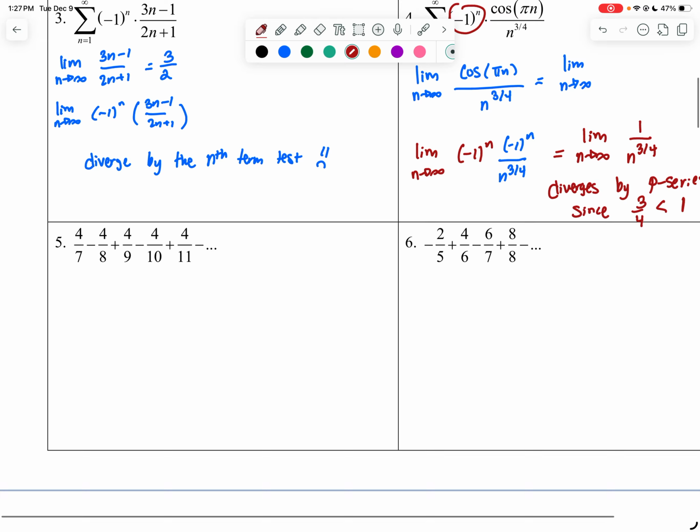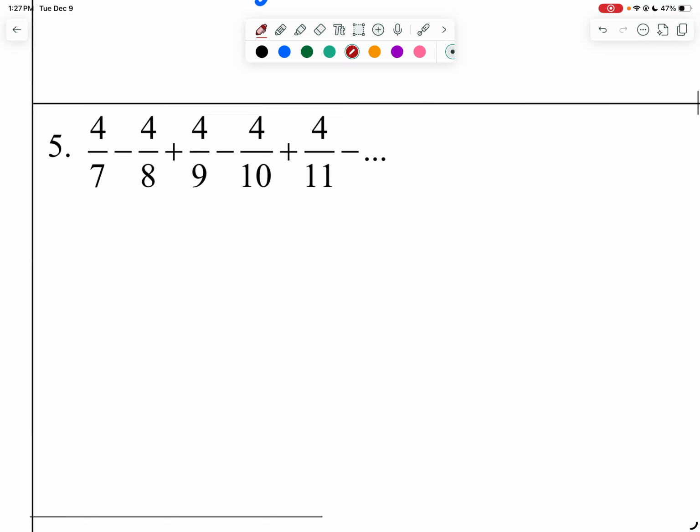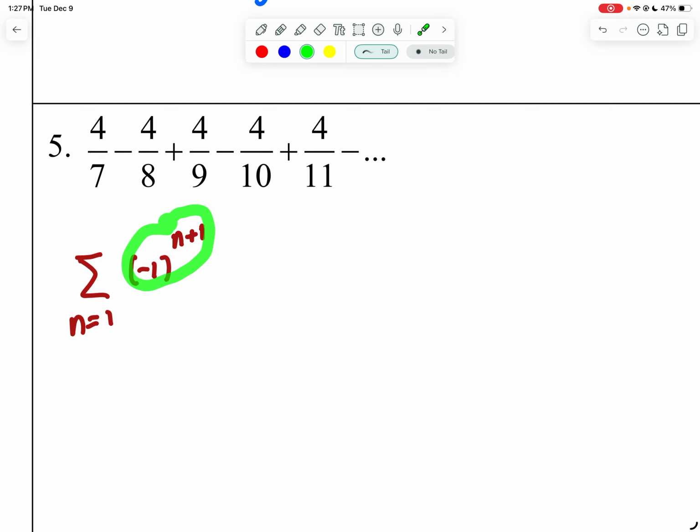All right, same thing with number 5 and number 6. The problem is with number 5 and number 6, we actually got to figure out what the formula is. Now, notice how for number 5, we have a positive term first. So whenever I do n is equal to 1, I'm probably going to do negative 1 to the n plus 1, just so that whenever I plug in 1, I'm going to get a positive answer.